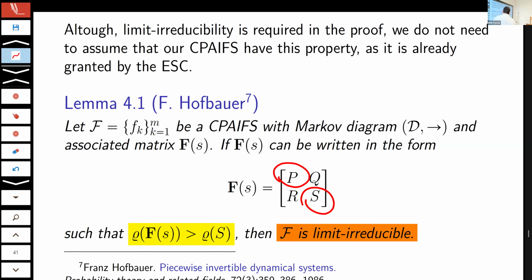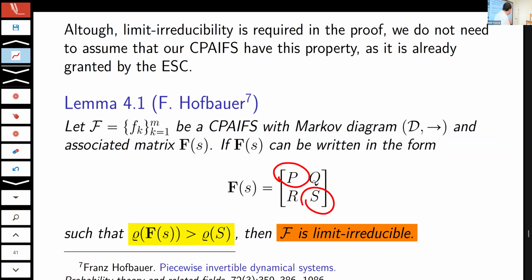Recall that this matrix is actually an infinitely large operator. This part is finite dimensional, finite times finite, and this one is the infinitely large block in the bottom left.